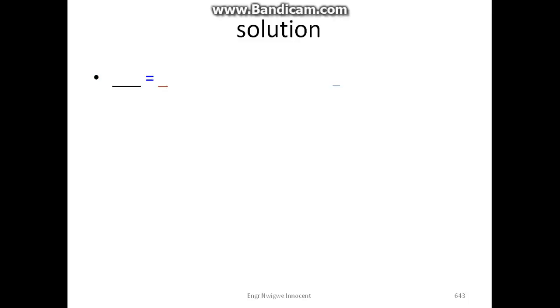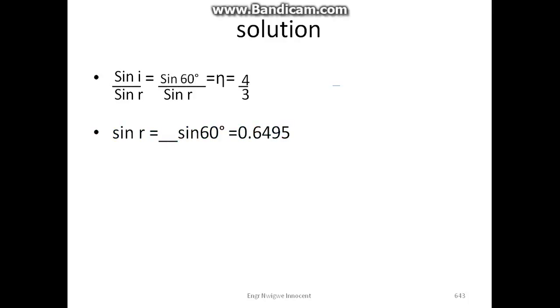Solution: sin i over sin r is equal to sin 60 over sin r. n is equal to 4 over 3. Making sin r the subject of the formula, we have 3 over 4 sin 60, which gives us 0.6495. Taking the sine inverse to get the refraction, we have 41 degrees approximately.